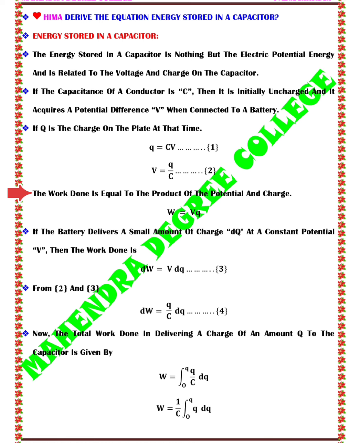Potential difference V indicates the difference in electric potential between two points in space, which is the driving force behind the movement of charge. Charge Q represents the amount of electric charge being moved.